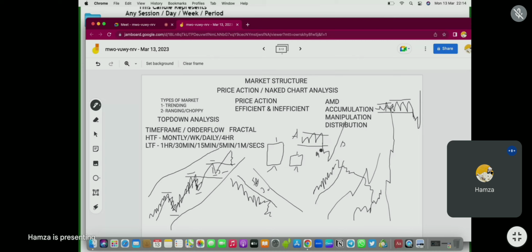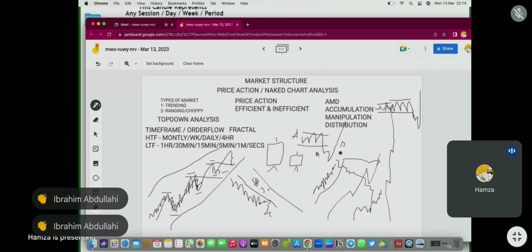Now, price needs to gather up orders, gather up liquidity, before it's able to move. So if you want to go to Lagos to purchase whatever it is you want to purchase, you need to make sure that you have enough money to fuel your journey. If there's no money to go to Lagos, why would you go trying to buy anything? So of course you need to gather up enough orders.